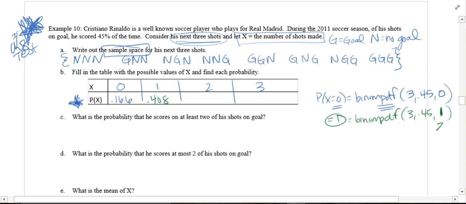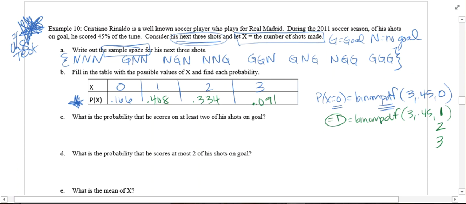Then go back and change this to a 2, and then a 3 to get the other two probabilities. So go ahead and fill in your table. You should get 0.334 and 0.091.